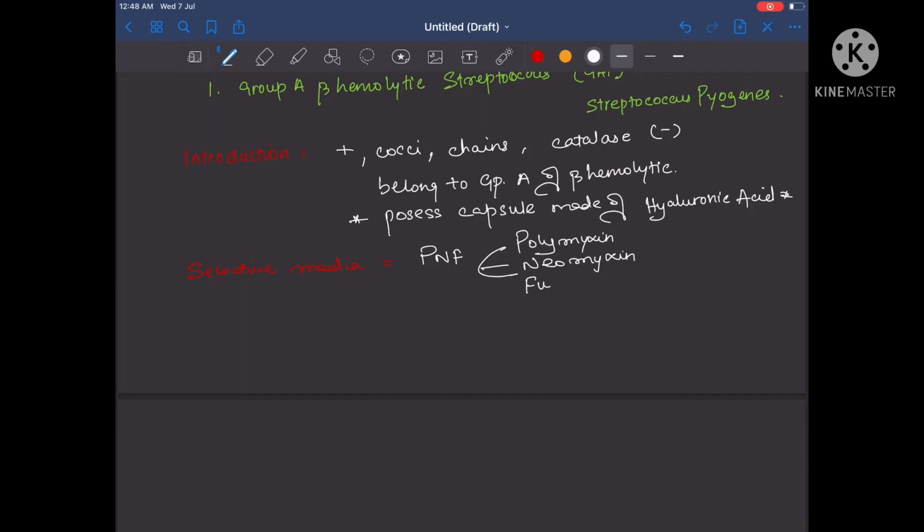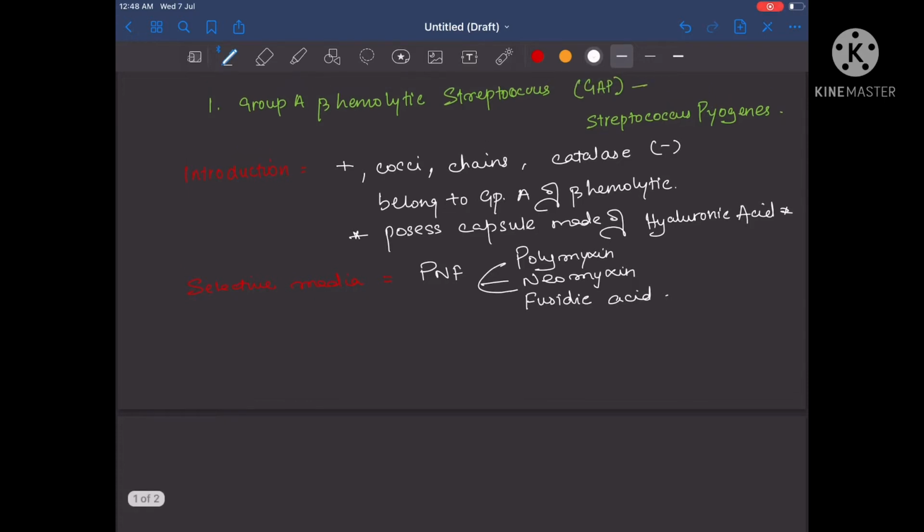These are all antibiotics. So a selective medium, as you know, inhibits the growth of some bacteria and promotes the growth of another. In this case the inhibition is of some other bacteria and the growth is of the Streptococcus.